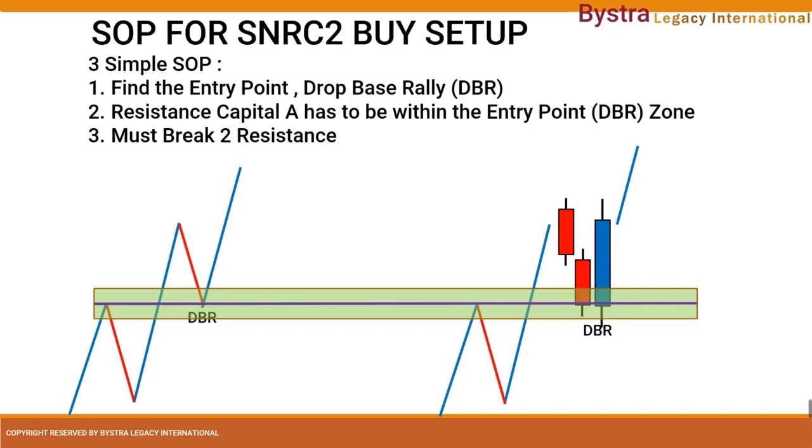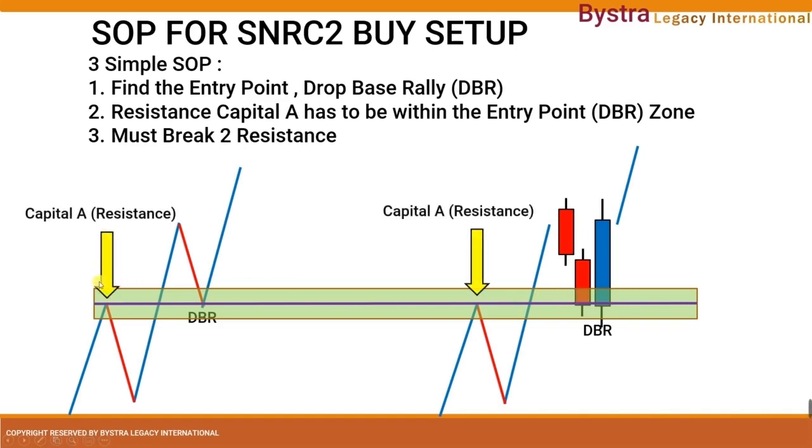The most important part here is that we need to know that this capital A, or this resistance here, must be aligned together with the drop base rally. As you can see, this is aligned together with the drop base rally. So here we can see the capital A, which is the resistance.